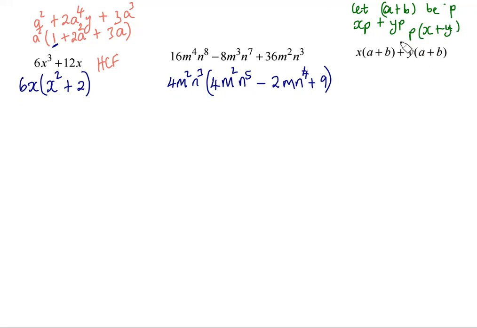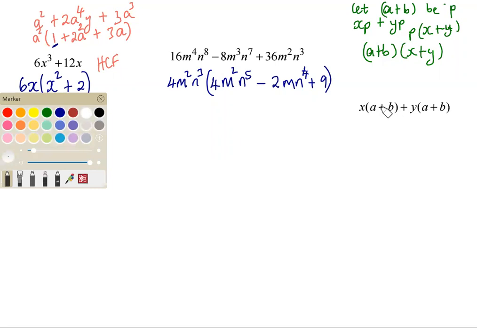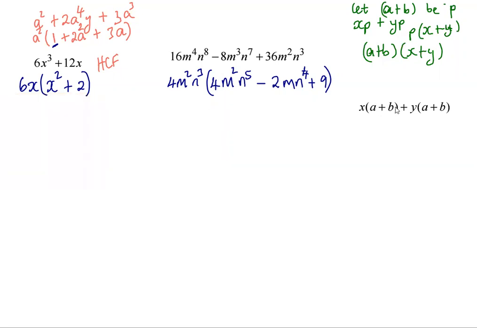So I would want you to consider it the same way here. Because now, taking back your answer, it's going to be a plus b, x plus y. That's going to be our answer. So that's what we also need to think of when we are faced with such a question.